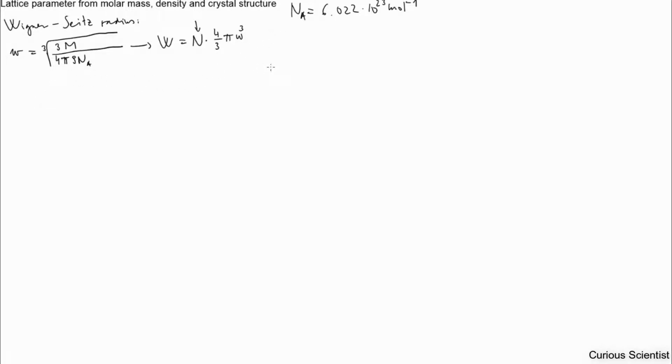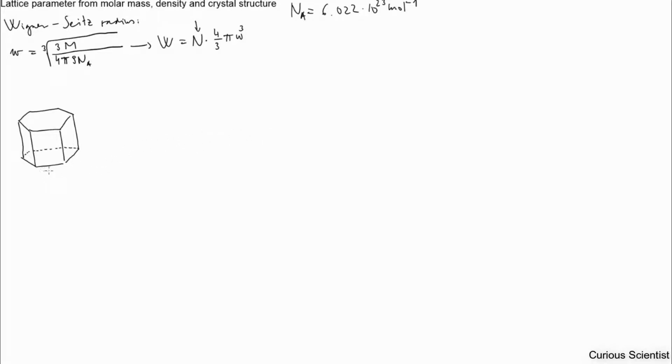So I would like to draw the hexagonal cell for you, so you will see what I'm talking about. I try to make it nice. So we have the base and then, so something like this.